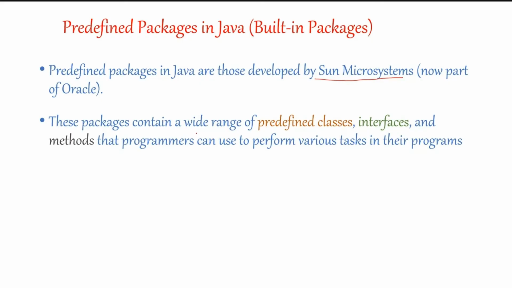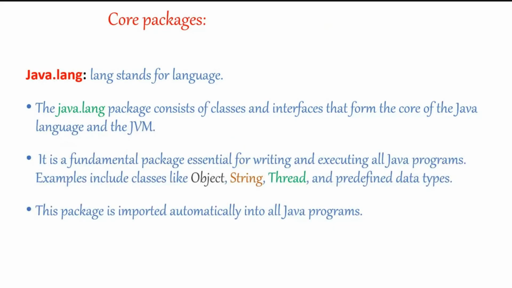These packages contain a wide range of predefined classes, interfaces, and obviously the methods also. Methods are available in classes and interfaces, but we would say these packages contain a wide range of predefined classes and interfaces that programmers can use to perform various tasks in their program. So depending on the program, we can use all those predefined classes and packages.